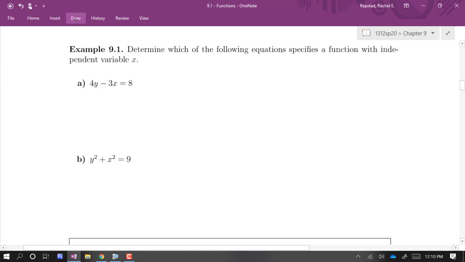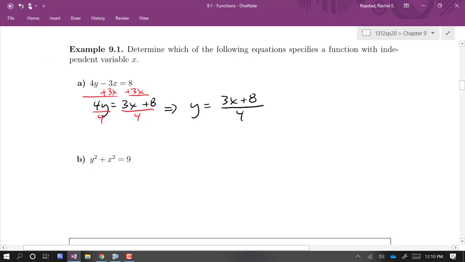So if I'm working with an equation, I would say probably one of the easiest things to do is simply solve for y. So in this first equation, we can add 3x. We get 4y equals 3x plus 8. And then once we divide by 4, we get y equals (3x plus 8) divided by 4.